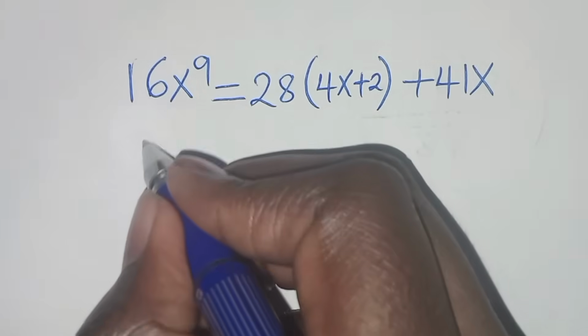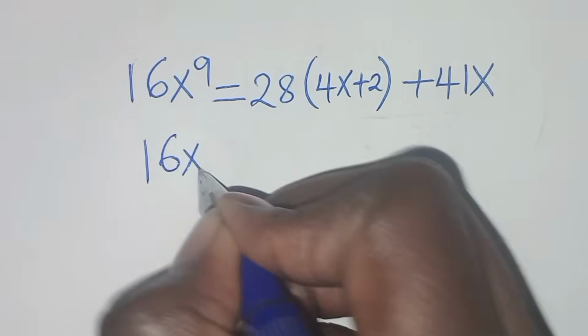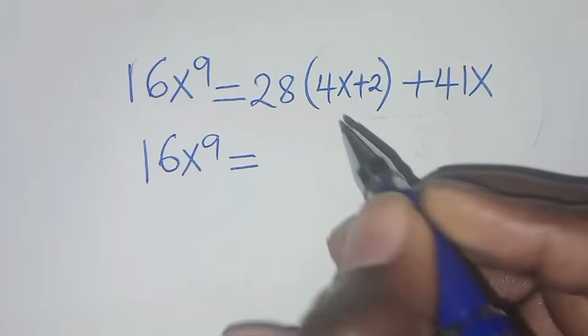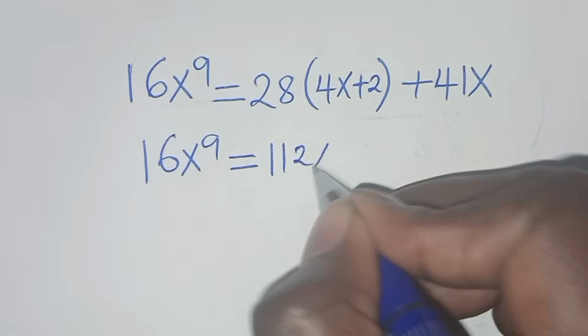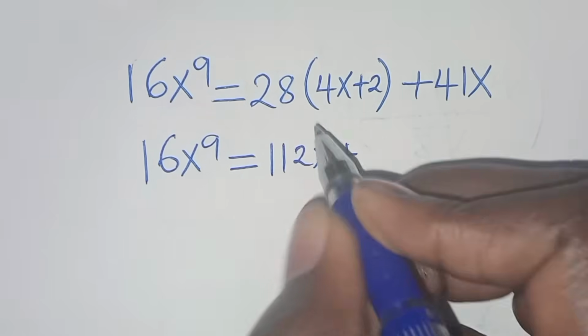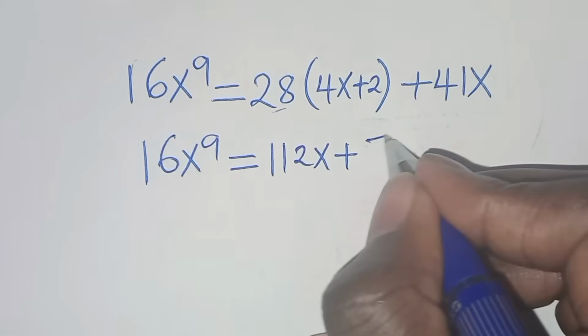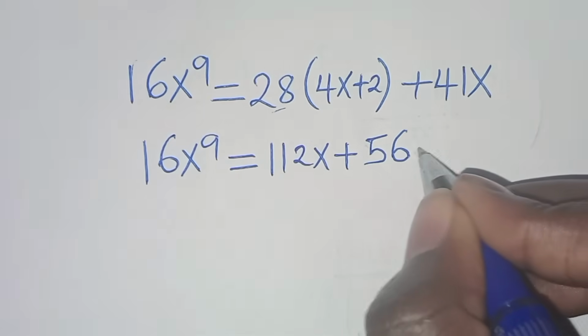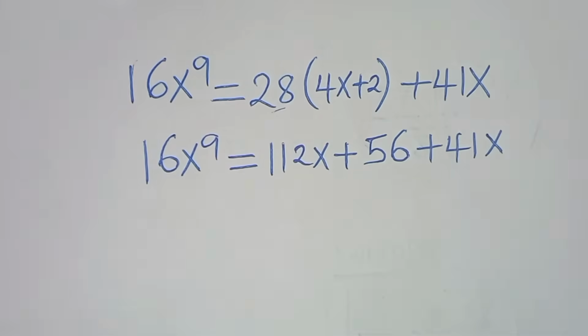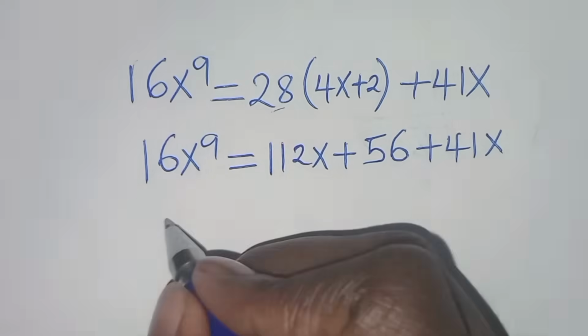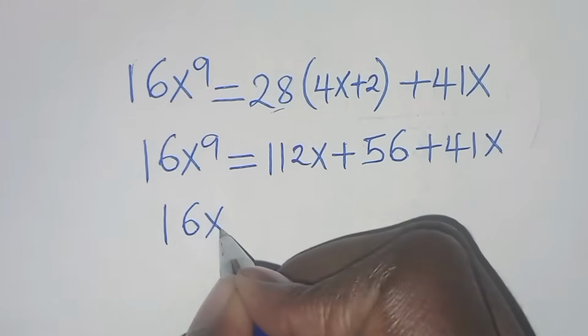Now the next step from here, we have 16x to the power of 9. This is equal to 28 times 4x, which is 112x, then plus 28 times 2, this is equal to 56, then plus 41x. Okay, so we have 16x to the power of 9.